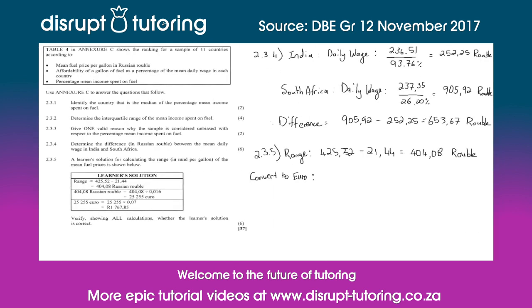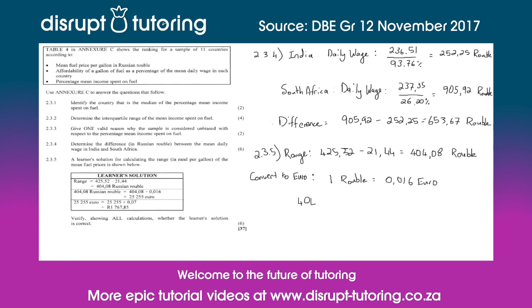So I'll rewrite that. So 1 ruble equals 0,016 euro. But we need to find out what 404,08 ruble is, so we multiply both sides by that.